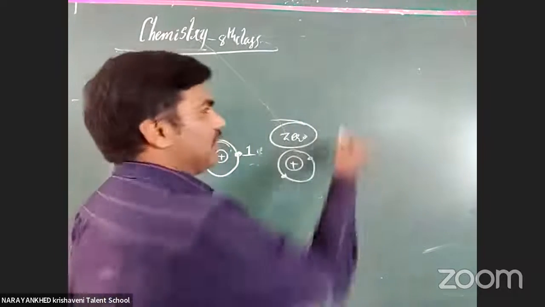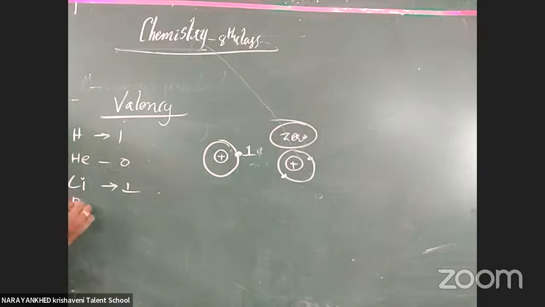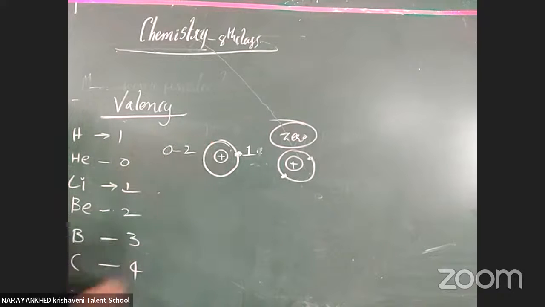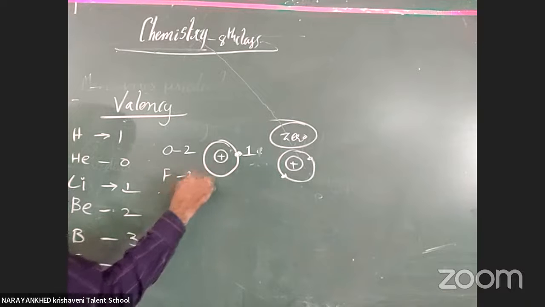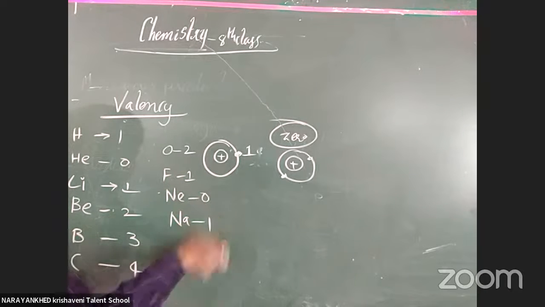Suppose you take the elements one by one. Hydrogen 1, helium 0, lithium 1, beryllium 2, boron 3, carbon 4, oxygen again 2, fluorine 1, neon 0, sodium 1 again.